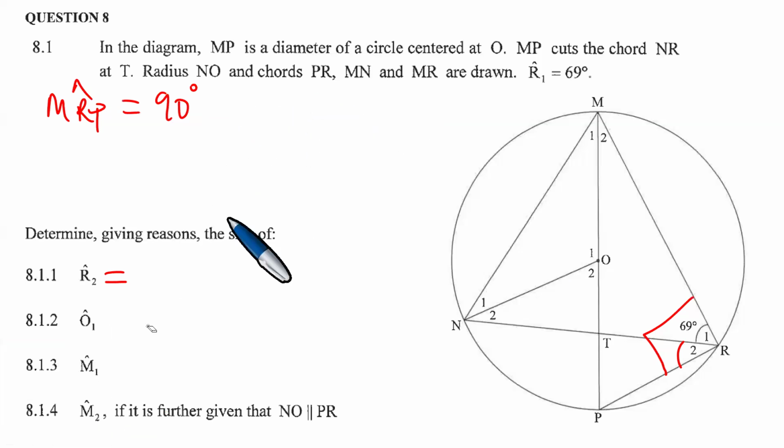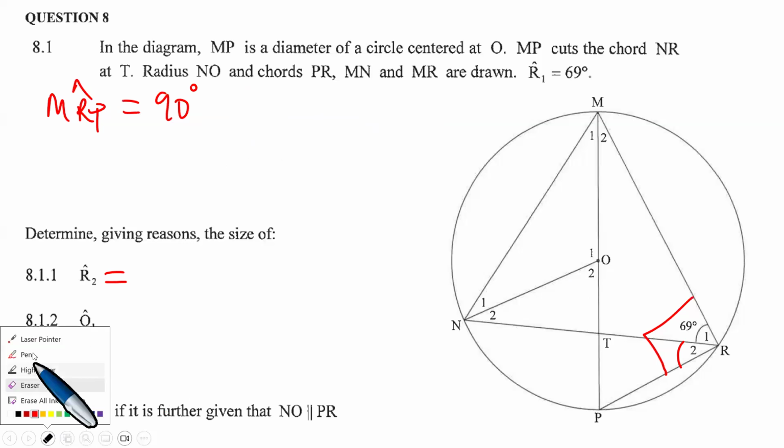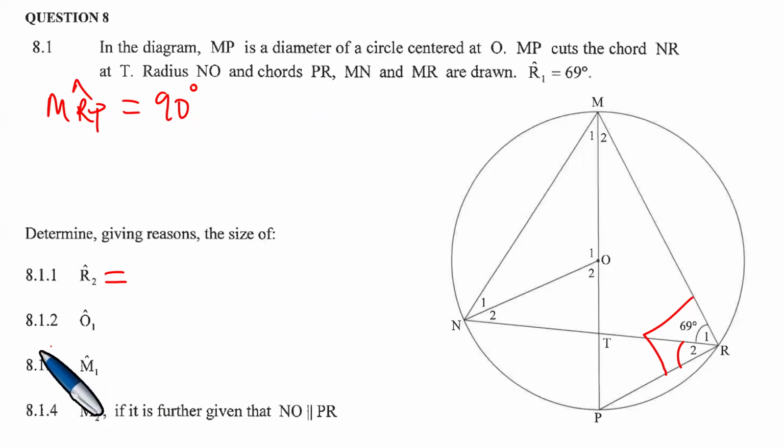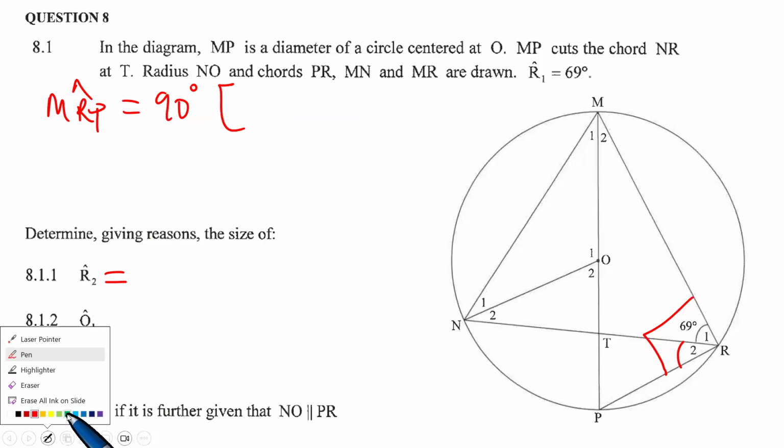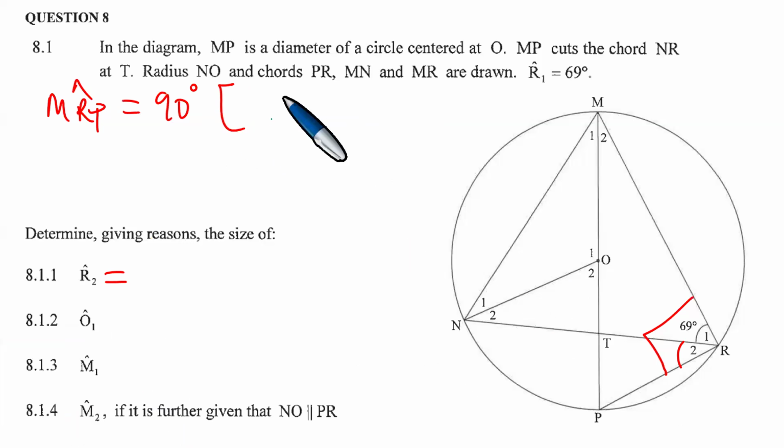I'm going to write it a bit nicely. The angle MRP is equal to 90 degrees. And why is this angle equal to 90 degrees? Because it is an angle subtended by diameter. The angle MRP is subtended by diameter, so it is an angle in semicircle.